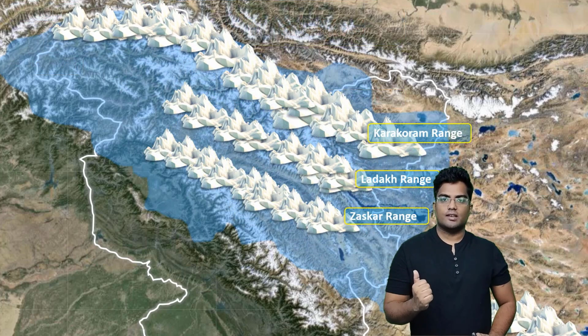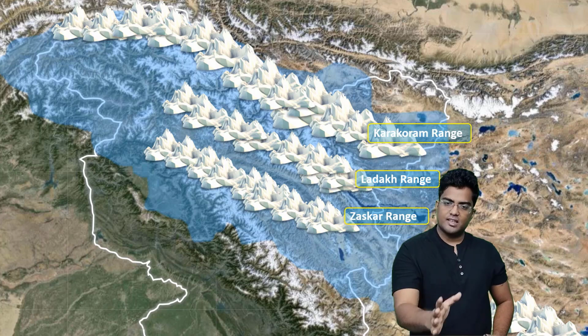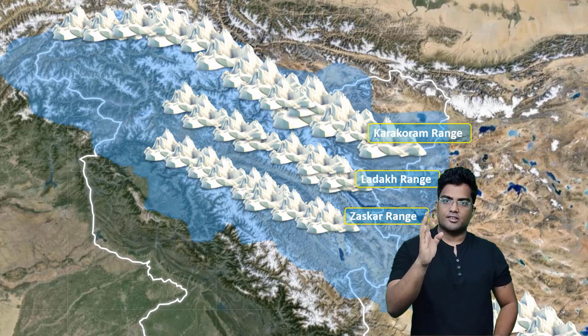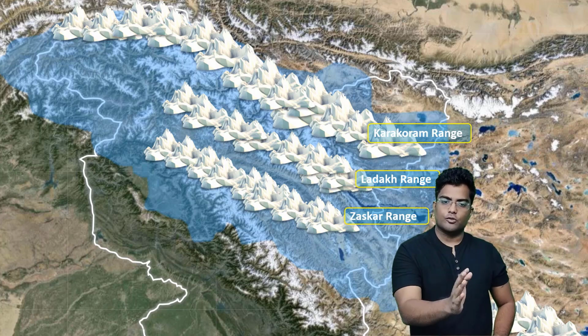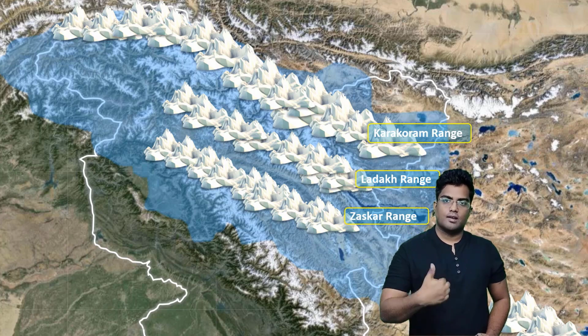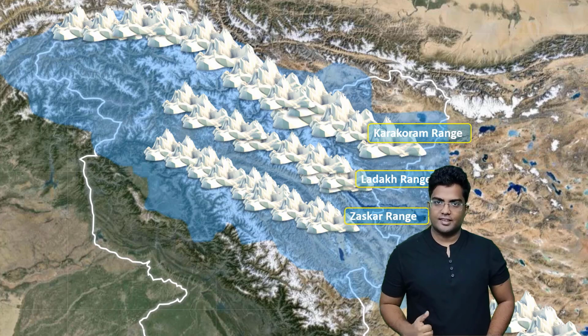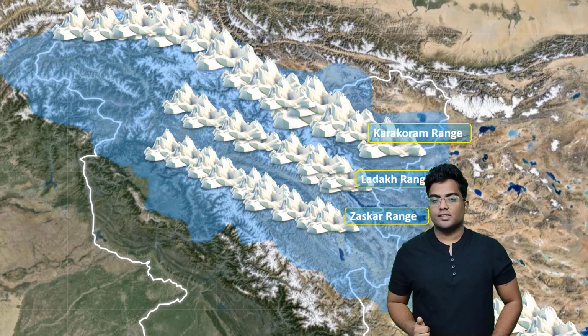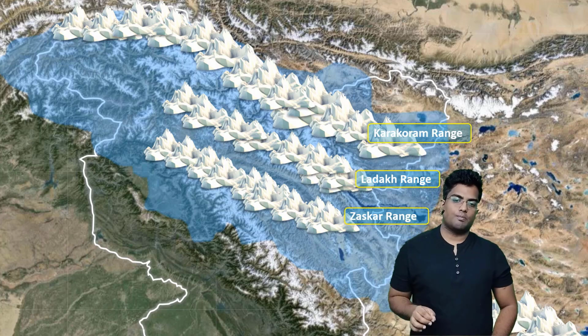As you can see, these ranges have been split. The Trans-Himalayas has been split into 4 parts. The very first part is the Karakoram range. Then you have the Ladakh range, then the Zaskar range, and then the Kailash range. Karakoram is at the top.